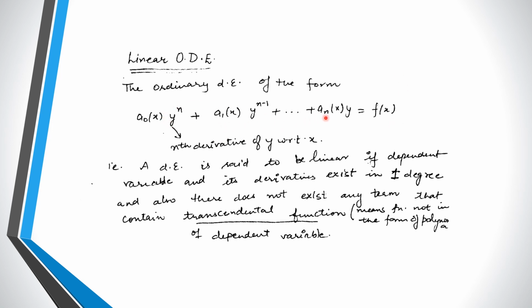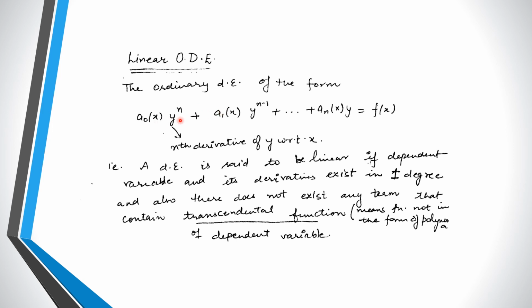It means the dependent variable and its derivatives exist in 1 degree only, and also there does not exist any term which contains a transcendental function, meaning a function not in the form of polynomials of the dependent variable. For example, cos y, sin y, log y and so on.